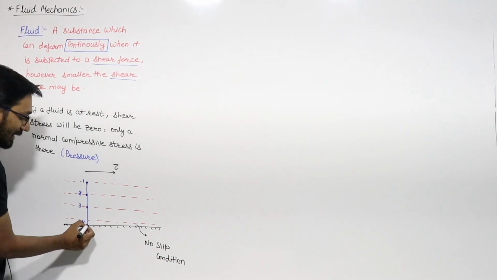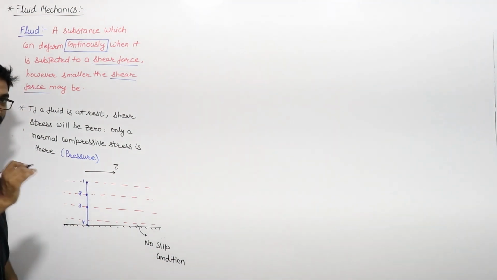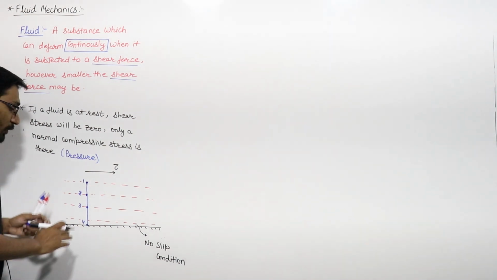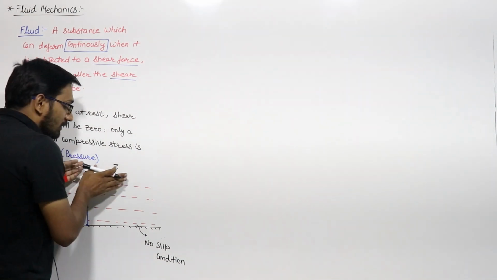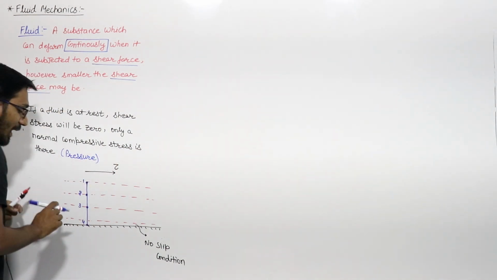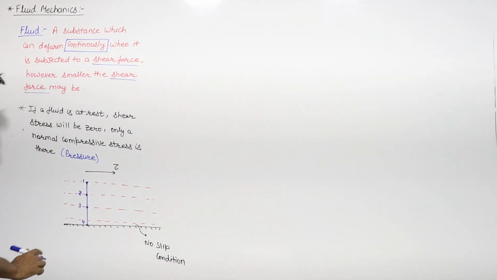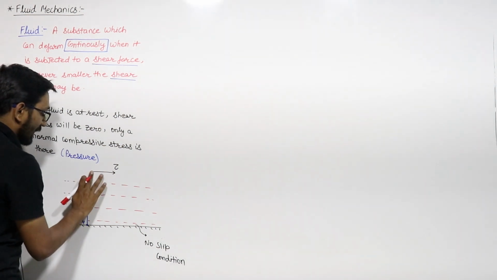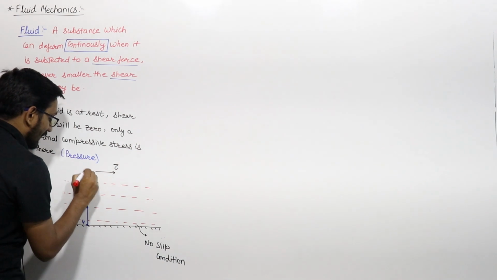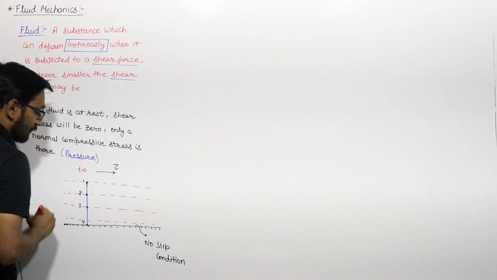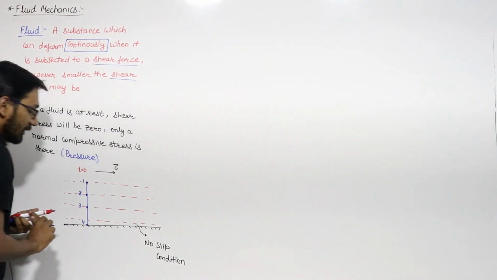So this particle 4 will not move. This will remain here. So on the application of shear stress, the fluid particles start moving. Now let us say this is at time t equal to 0 seconds.